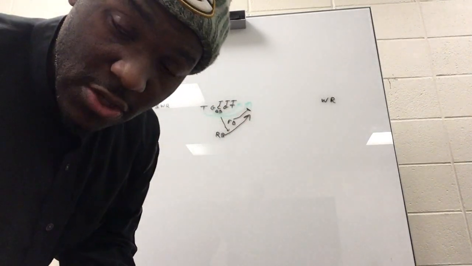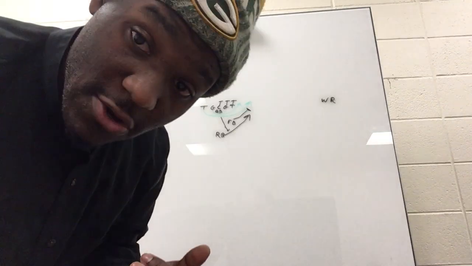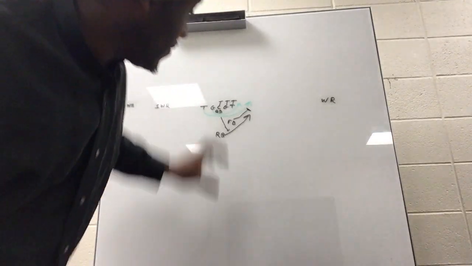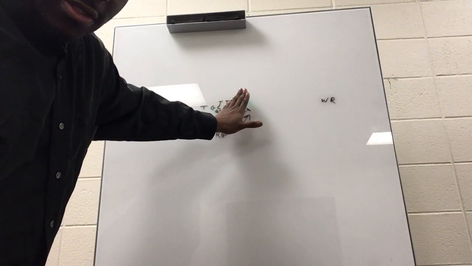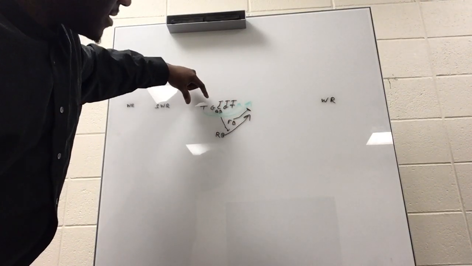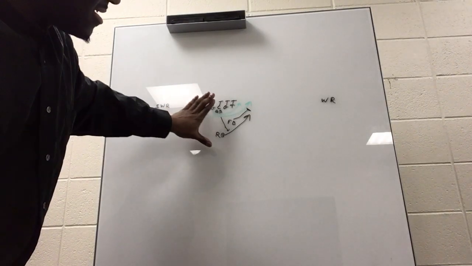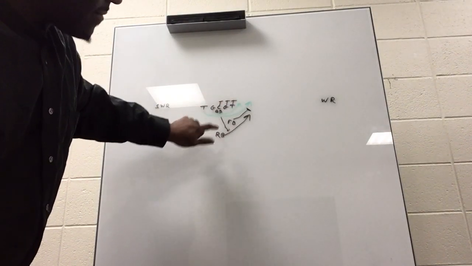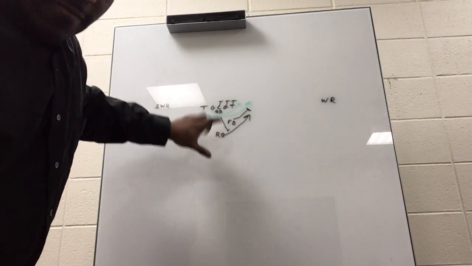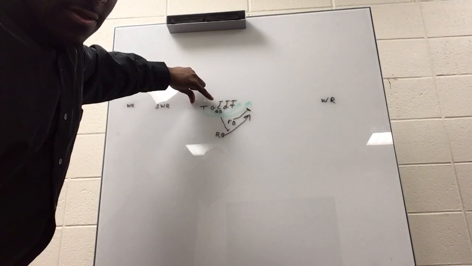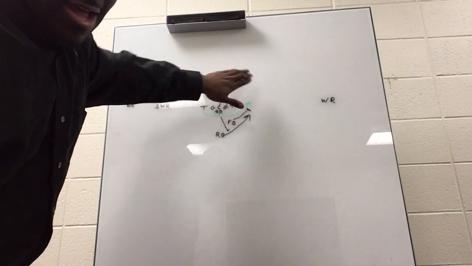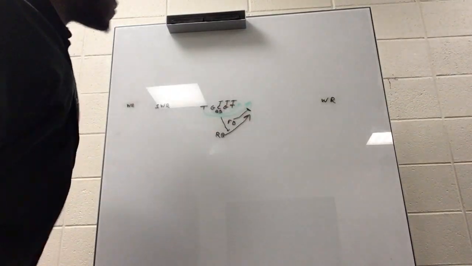You give them a numerical player advantage on the side the play's going towards. Sometimes the defenders on that side can't get a good angle to be able to tackle the running back, and then that just leaves two less defenders that will be able to get towards that edge and that gap on the right side. And then the wide receivers essentially just run block in this play.